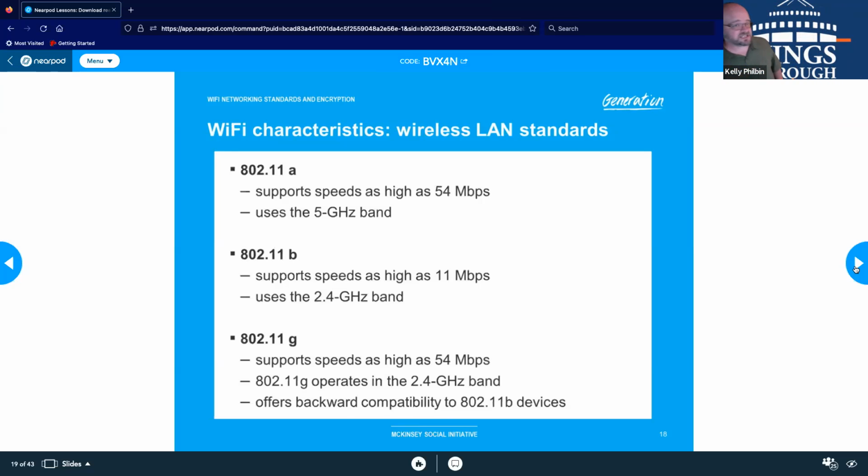So if you're sitting there thinking, yeah, we upgraded everything and we're supposed to be getting all this speed, but it's still working just the way it used to, likely somebody had an 802.11b antenna and we're still communicating on it, and it brings the whole network down.